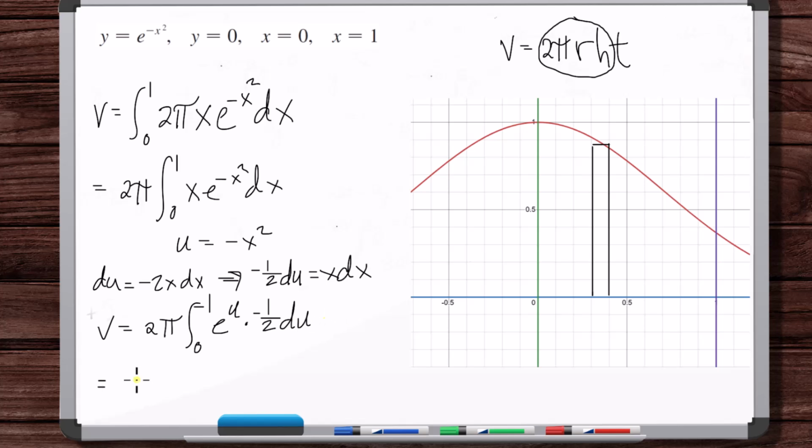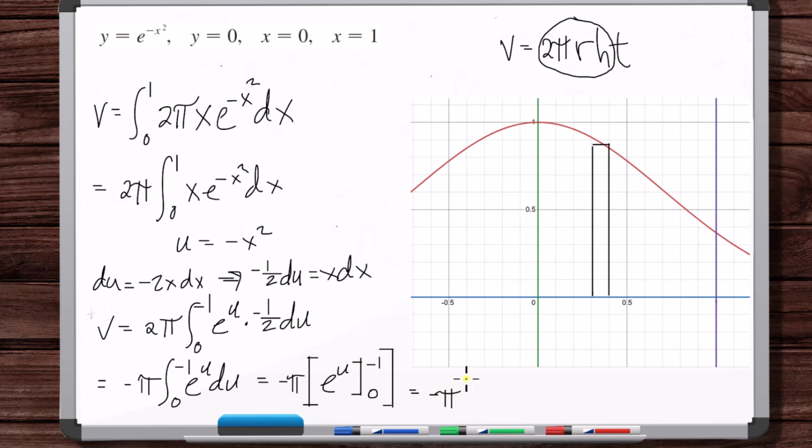So we take out the minus 1/2, and we've got minus pi, integral from 0 to minus 1 of e to the u du. That's cleaned up. So this is minus pi times e to the u from 0 to minus 1.